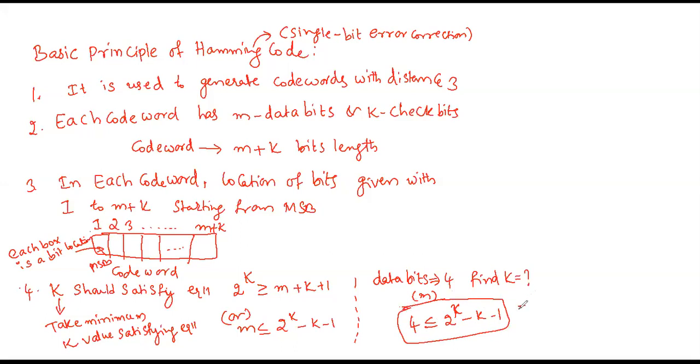For example, if you take k is equal to 3, what will happen? 4 is less than or equal to 2 to the power of 3 minus 3 minus 1. 2 to the power of 3 means 8, 8 minus 4, 4.